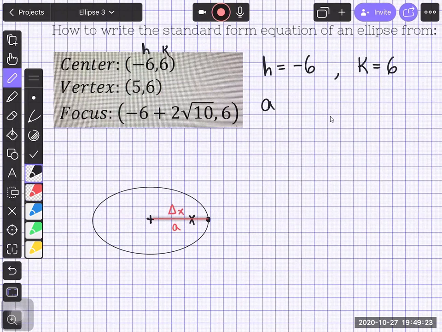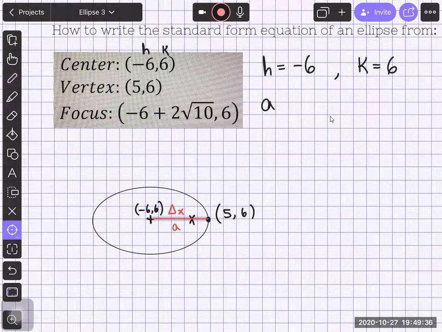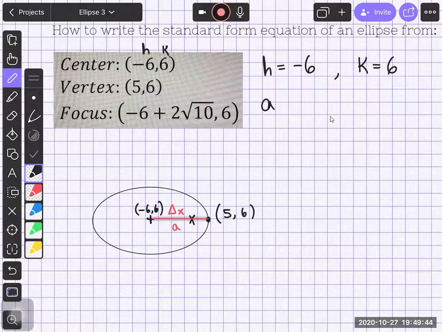A will be, if this point is 5,6 and the center is -6,6, then we will have the difference of 5 minus -6. So we will have that A equals 11.